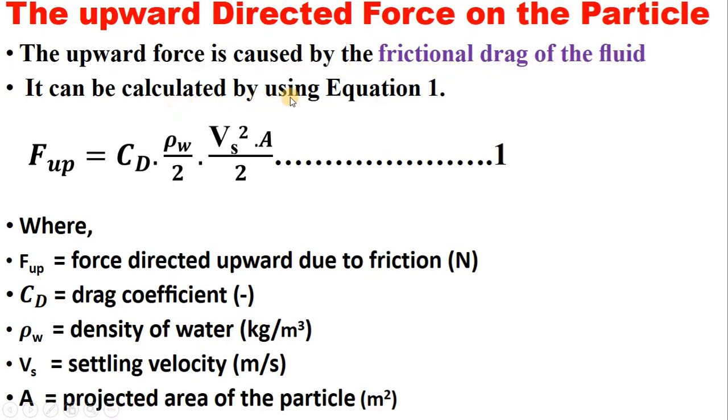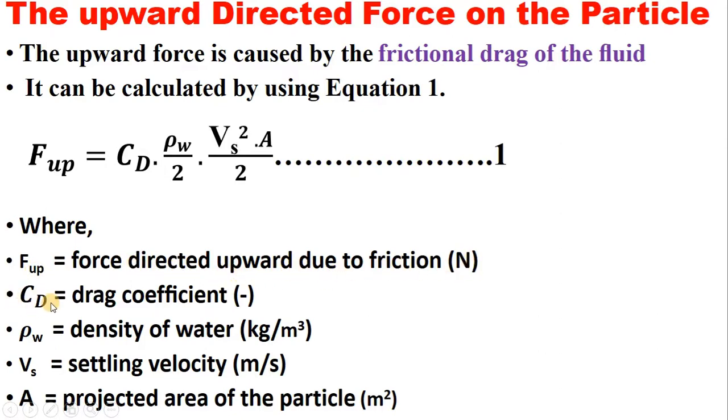It can be calculated by using equation 1, where the upward force, F up, is equal to the drag coefficient multiplied by the density of water over 2 multiplied by the settling velocity squared multiplied by the projected area of the particle, where F up is equal to force directed upward due to friction in Newton.